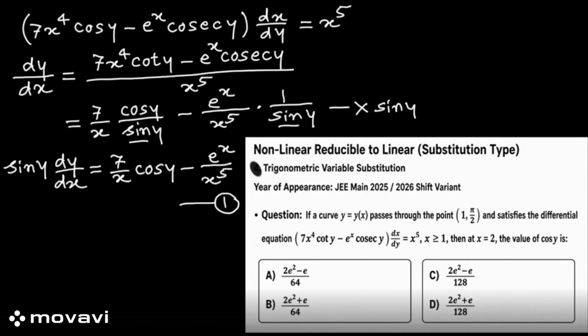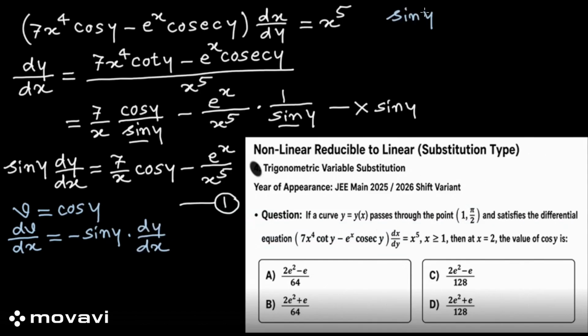Now here we have to make proper substitution in order to change this equation into a linear differential equation. We will substitute v equals cos y and differentiate with respect to x. dv by dx equals minus sin y dy by dx. Sin y dy by dx equals minus dv by dx.